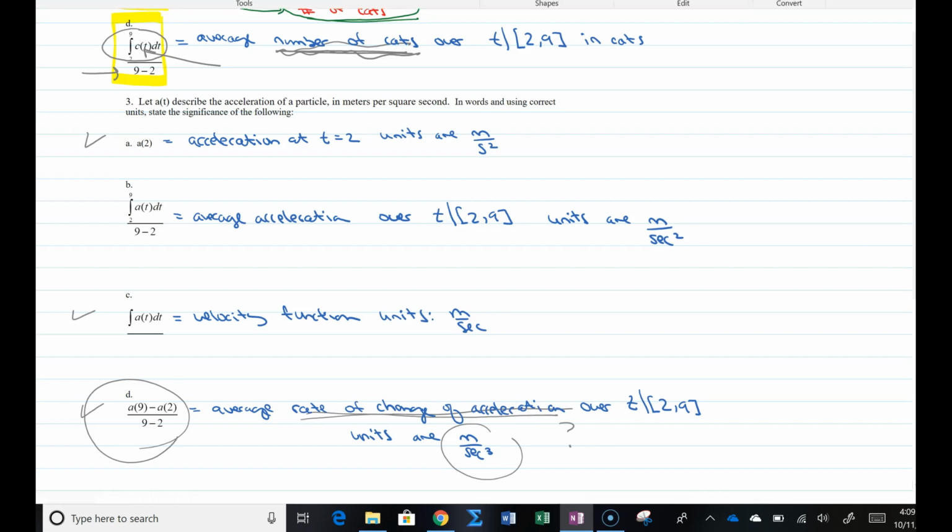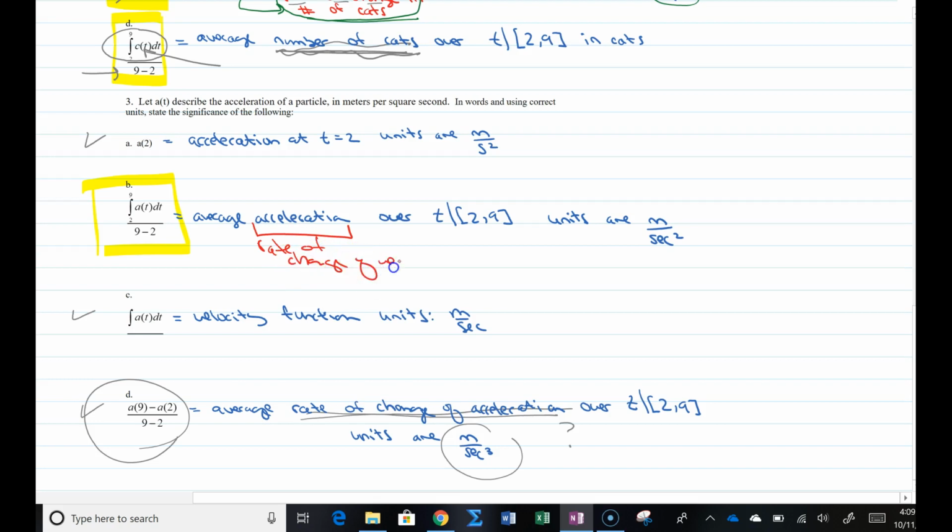Let's look over here now again at this one. Okay, right here. Let's see what happens. Well, maybe you wrote average rate of change of velocity, right? Over the interval of time from 2 to 9.